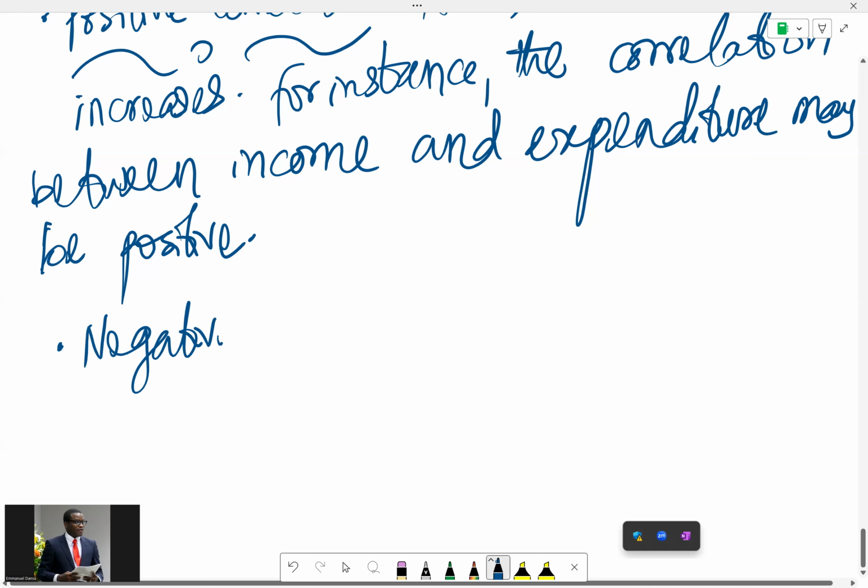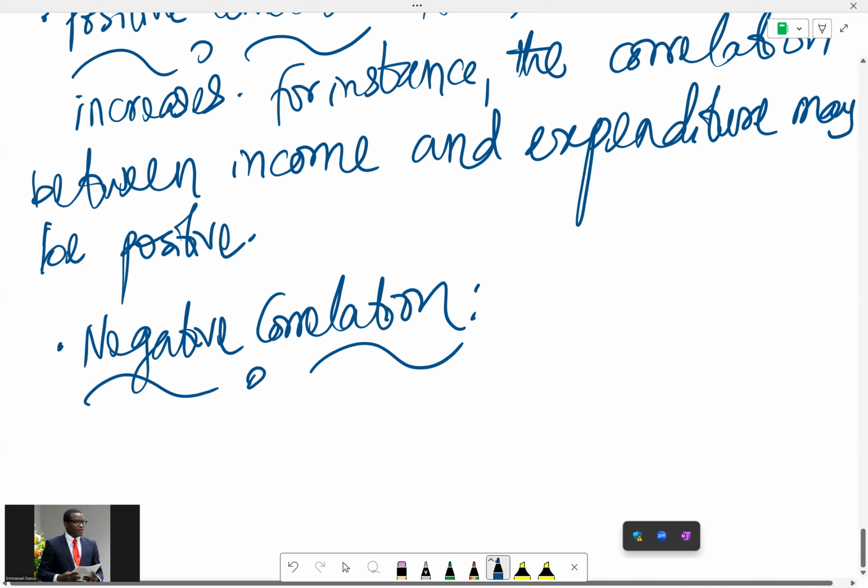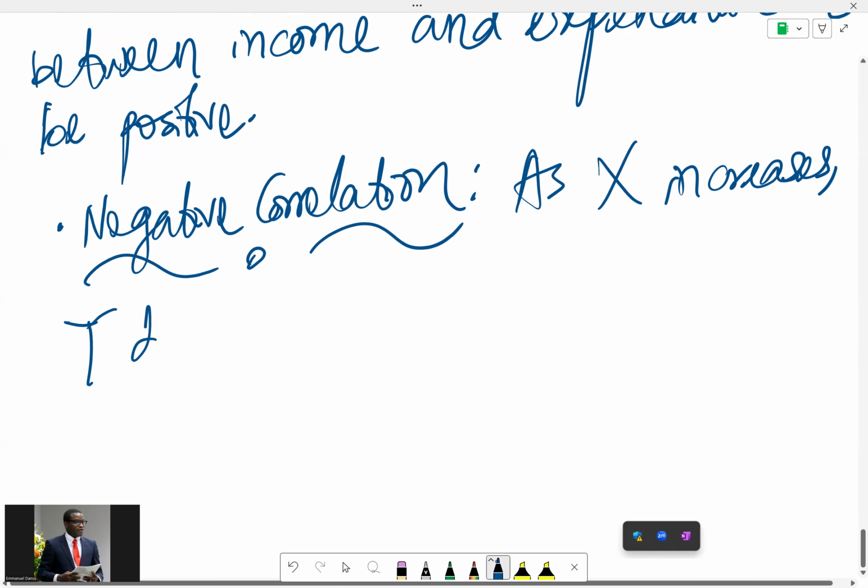So we have negative correlation. For negative correlation, as x increases, y decreases.